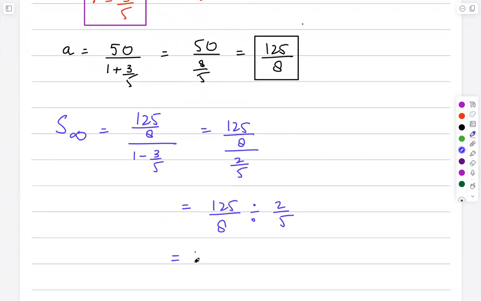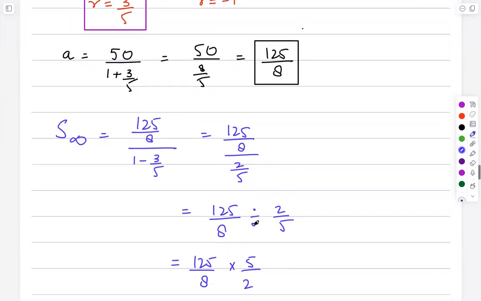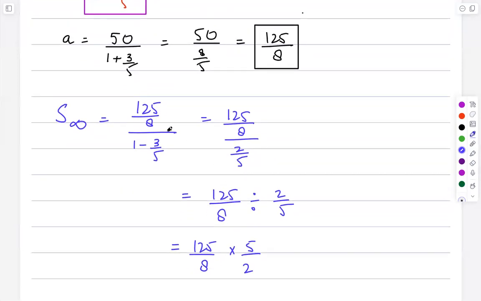And when we bring in the multiplication sign, this will become 125 upon 8 into 5 upon 2.